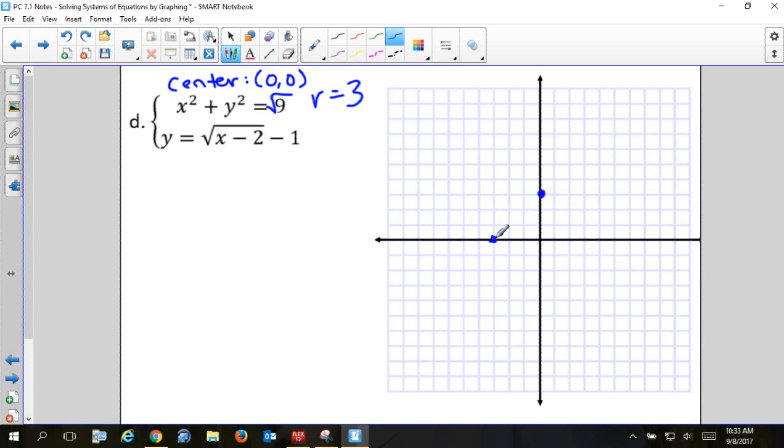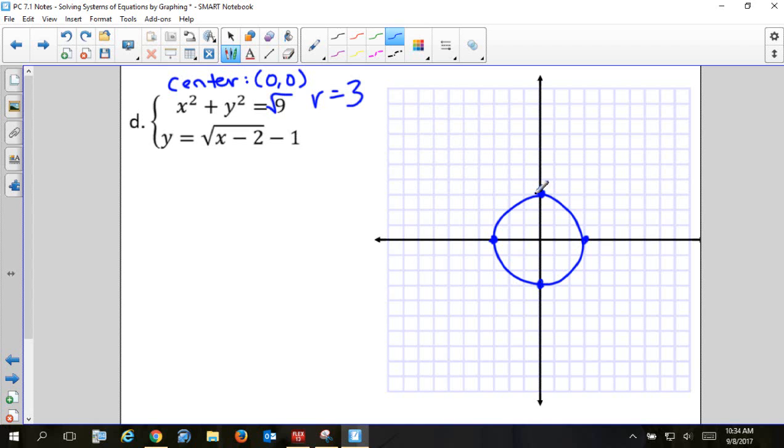And draw your best circle freehand, unless you brought a compass. That was not good. It doesn't really need to be absolutely perfect.